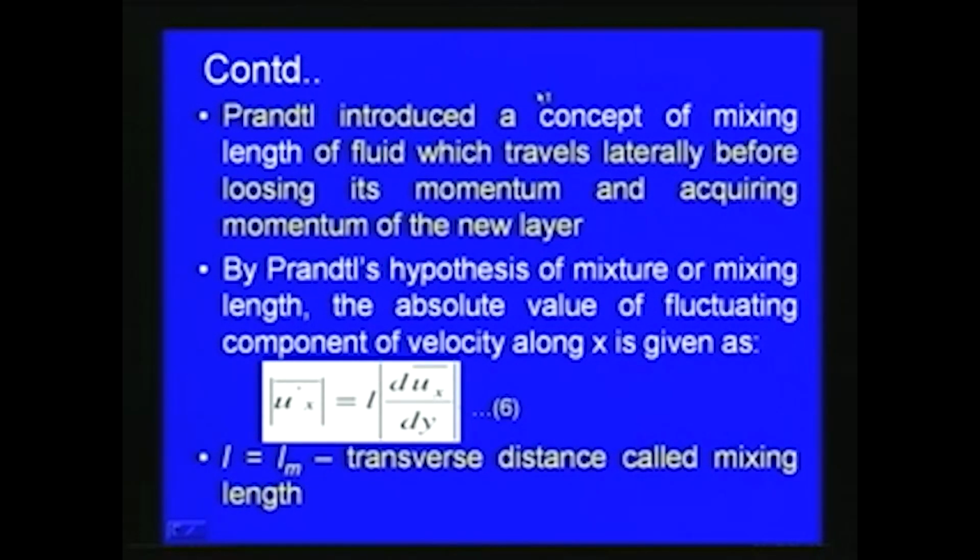Finally, Prandtl introduced the concept of the mixing length, called the mixing length hypothesis, for the fluid which travels laterally before losing its momentum and acquiring a new momentum in the new layer. By Prandtl's hypothesis, the absolute value of the fluctuating component of velocity along x axis is given by u_x dash bar is equal to L, the mixing length, multiplied by the derivative of u_x bar with respect to y, or du_x bar by dy.